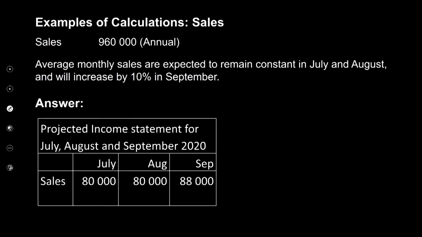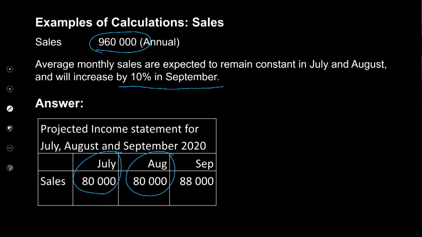Now let's look at my answer. Let's recap the question. Our annual sales were 960,000, of which there was to be an increase of 10% in September. July stays at 80,000 Rand because it was supposed to stay the same. August stays at 80,000 Rand.